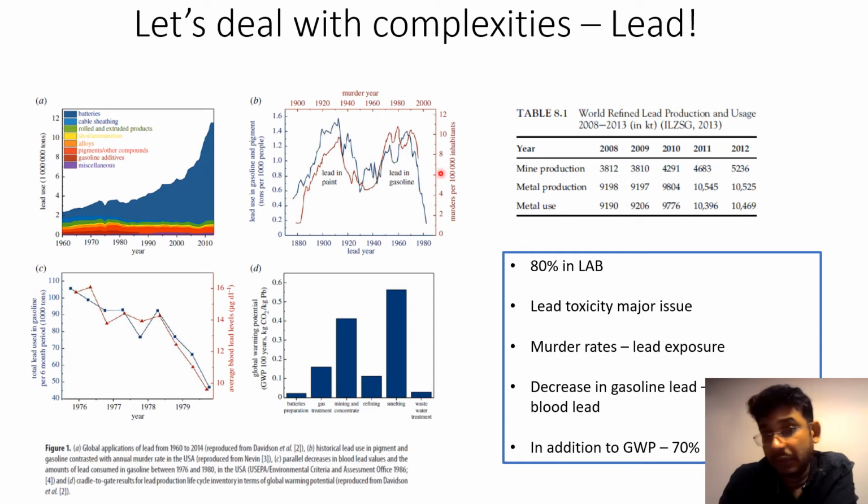So a correlation could be drawn between lead in blood levels, the usage of lead in paints and gasoline, and these really adverse outcomes.